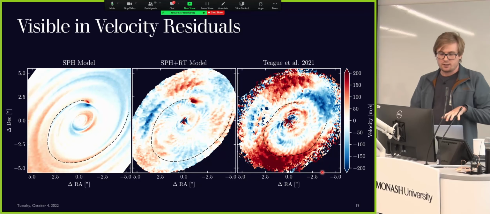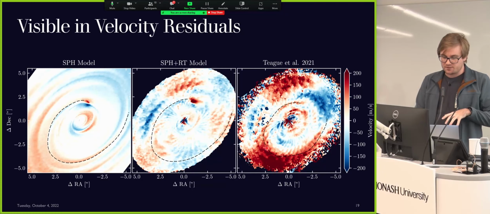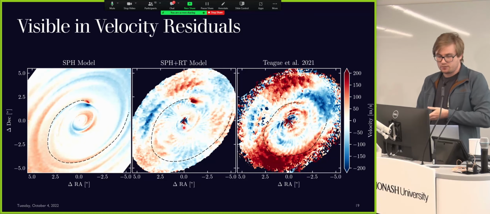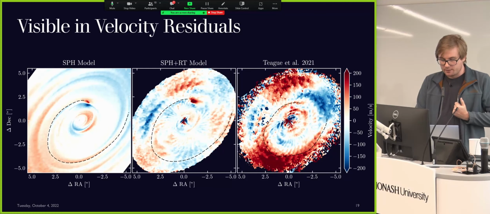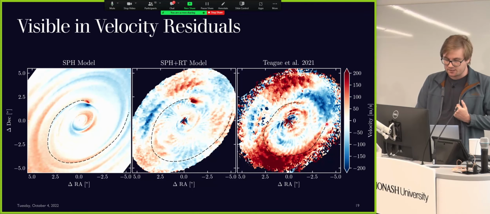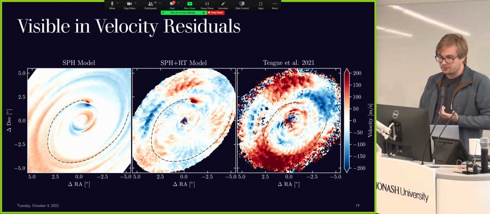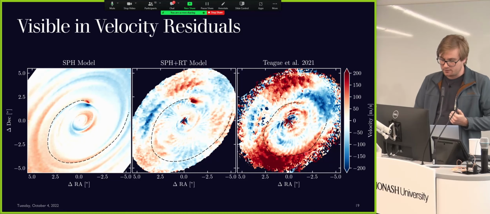That's what's shown here for the observations on the right, from synthetic observations of my model, and just directly from the model. You can see in here as well that there's a deviation in the residuals that's consistent with the location of the wake as well.